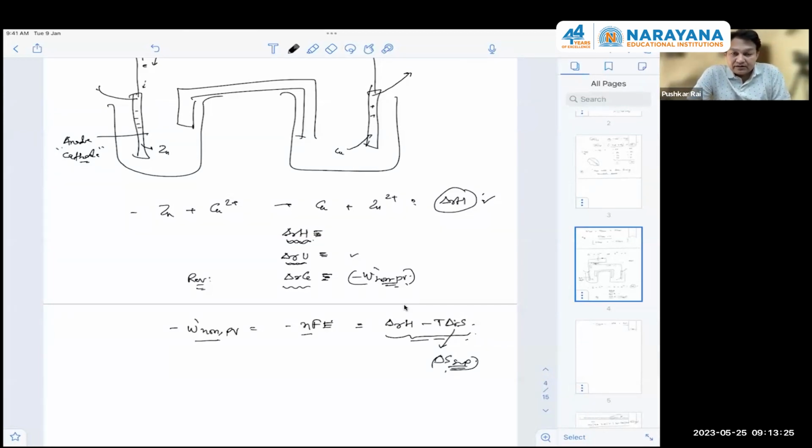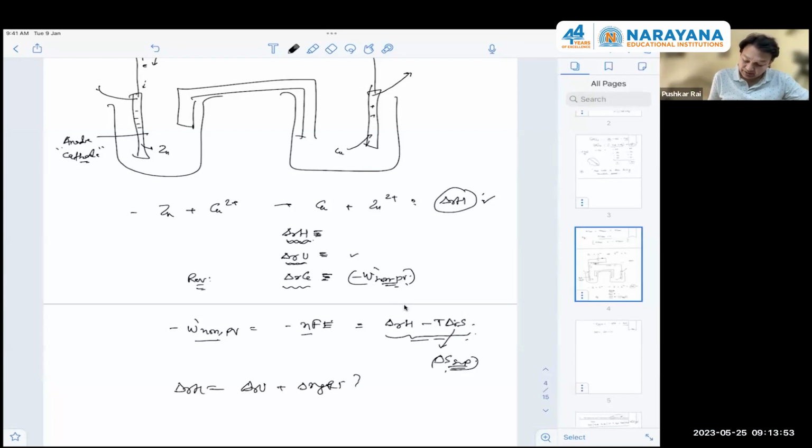So if I ask about a zinc copper galvanic cell, what is delta G, you will find it simply as minus nFE. If I ask what is delta RH, you will simply read the value from the chemical reaction. If I ask delta RU, from delta RH you can calculate delta RU, because delta RH equals delta RU plus delta ng RT.